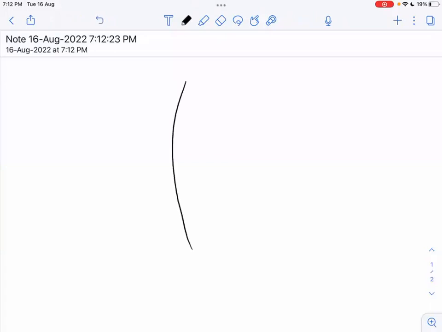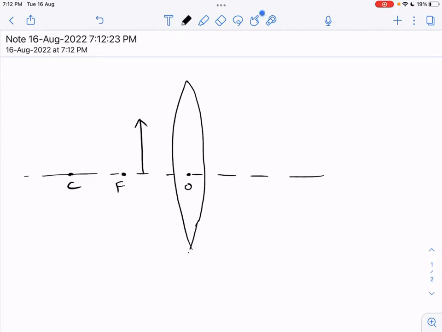If I take a convex lens, for which there is the principal axis and there is the optical center, with the focus here and the center of curvature on the left of it, when the object is placed between the focus and the center of curvature, a ray parallel to the principal axis, after refraction, will pass through the focus on the other side, and the other ray through the optical center will travel without any deviation.